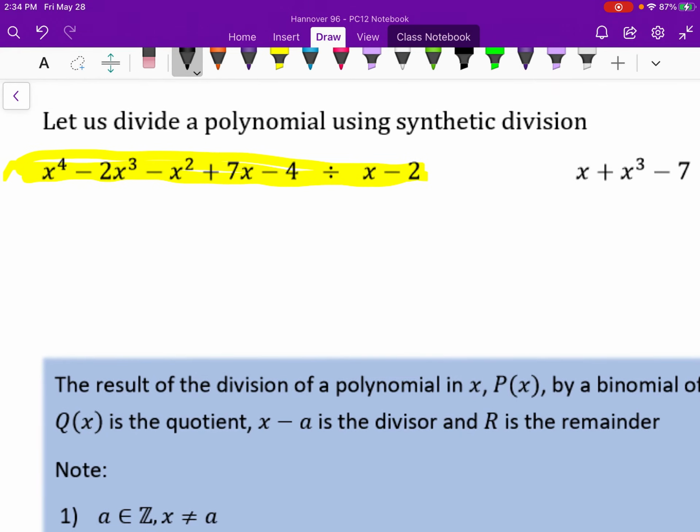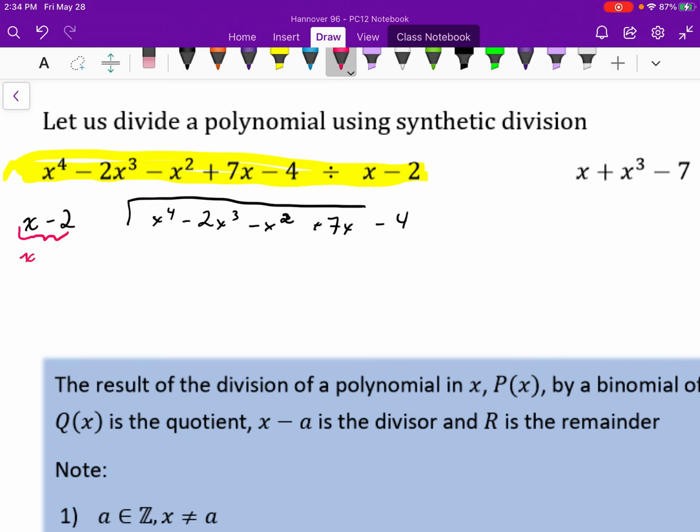So let's do this. Let's see what's going on. Now, there was one thing that I missed. To set this up, I'm going to set up long division just to show you. Long division would look like this. It's important to recognize that this is going to be x minus a.